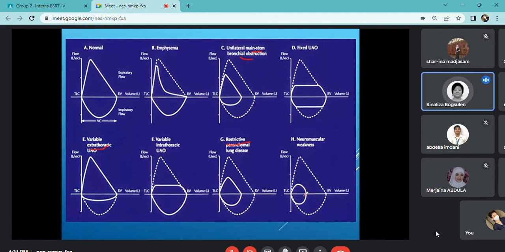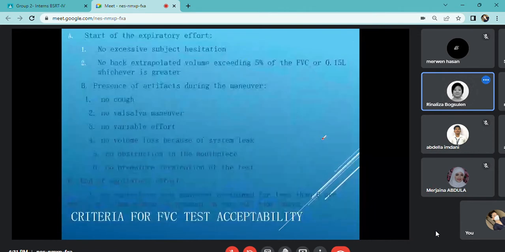Ito naman, oval. Looks like an oval. It looks like an egg. So, that will resemble neuromuscular weakness or neuromuscular disorder. Okay? Questions? May tanong? Wala. Okay.